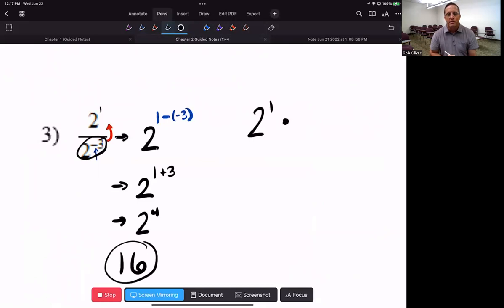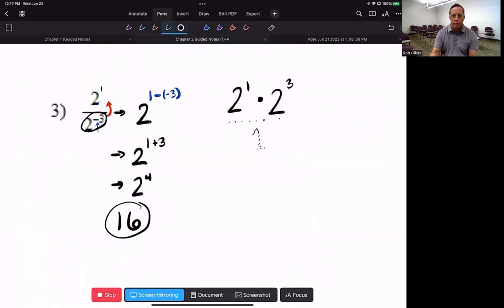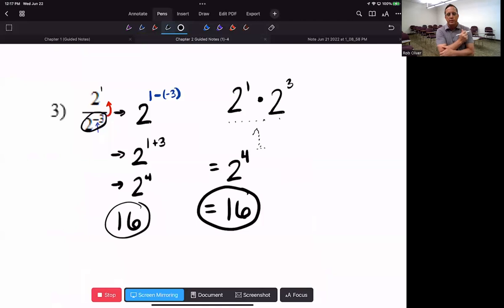And then times 2 to the 3rd. Because we moved it, we don't really need that denominator anymore, but there's a 1 there if you want to think of it that way. Same thing happened on this one. So you got 1 plus 3. We can just use the product rule, which makes 4. 2 to the 4th power, and that still makes 16. No matter which way you cut it, you still get the same answer.